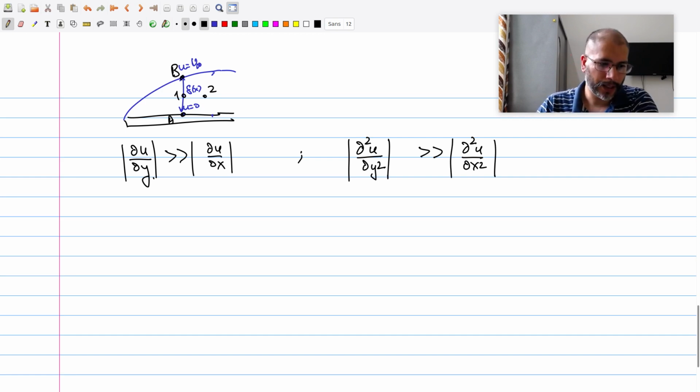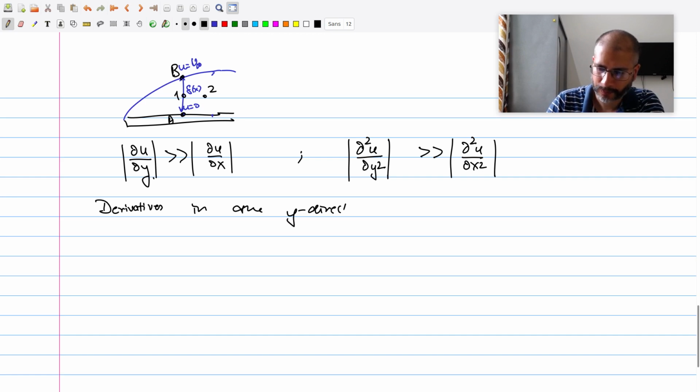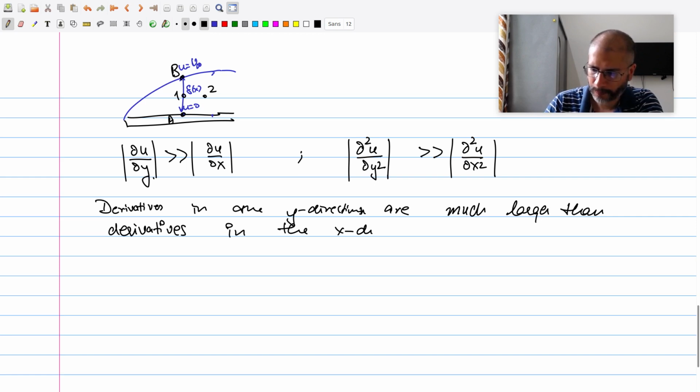So summarizing, the derivatives in the y direction are going to be much larger than the derivatives in the x direction.